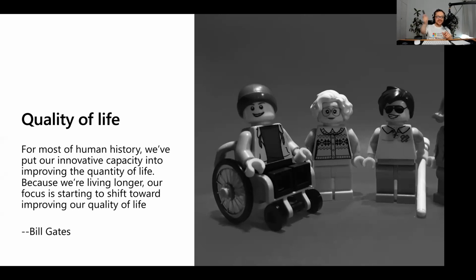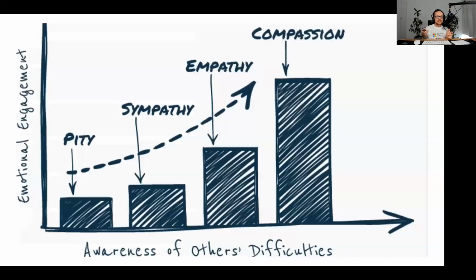So there you have the stick, which is compliance, which is coming in now. And you'll find a lot of people are now complying with legislation in the EU and also America, and then also with the carrot. Now, the carrot says, do the right thing, because with awareness of other people's difficulties, you can go from pity to sympathy, to empathy and compassion.